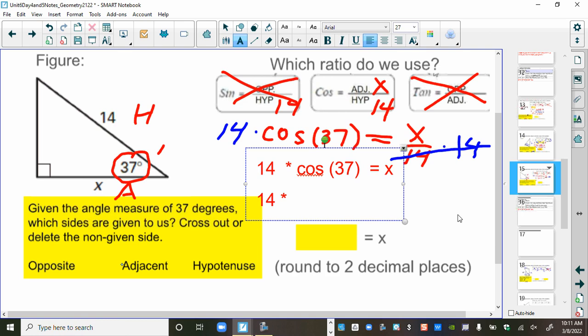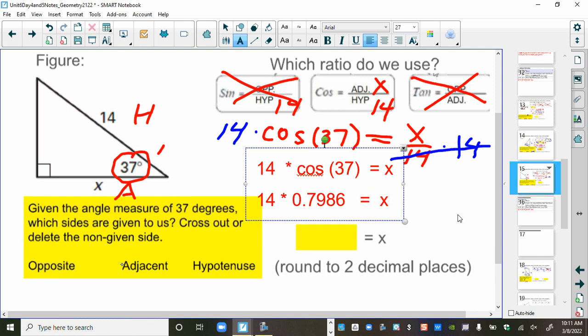What's that? Do you have to find what? Some people do. I just want to. Now, could we do 14 times cosine of 37 to get the final result? You can. So yeah, you get 0.7986.